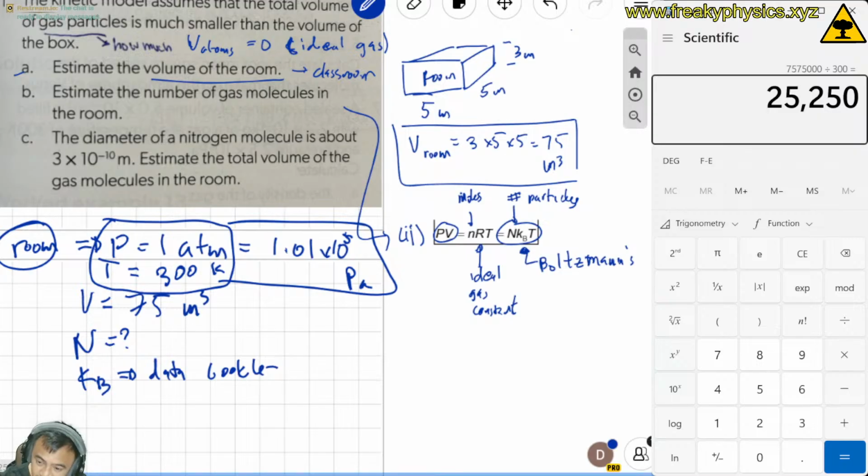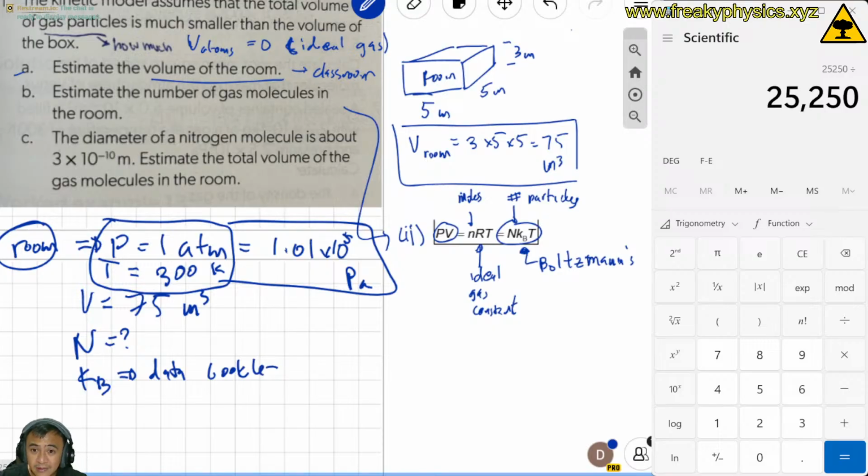Then divide that further by the Boltzmann constant. What is KB according to the data booklet? Let's use the value there. Boltzmann constant, there we go: 1.38 times 10 to the minus 23.